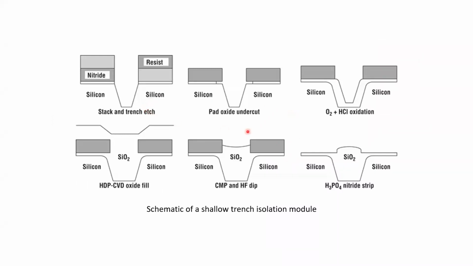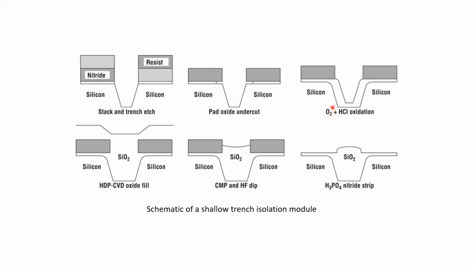Here is a schematic of the shallow trench isolation module with more steps and details. Firstly, we have thermally grown silicon dioxide and CVD nitride, and then a photoresist pattern, and then the nitride as mask pattern over silicon dioxide and the silicon. Here is the trench etch.